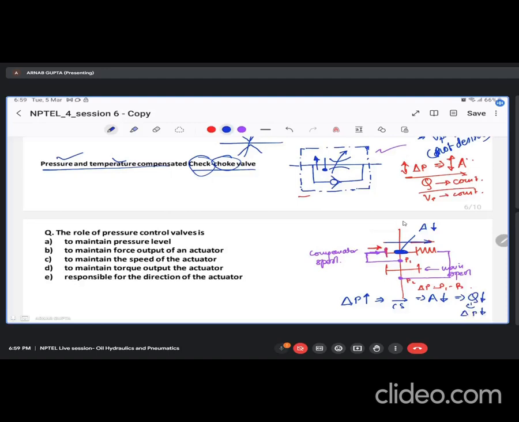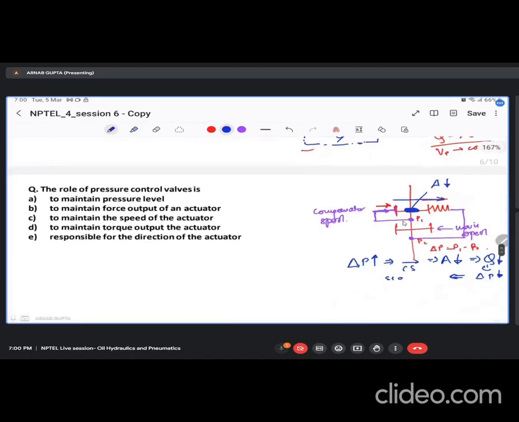Now as the delta P is reducing, again it is stabilizing the Q. It is getting stabilized. So this is how the pressure compensated flow control valve operates.